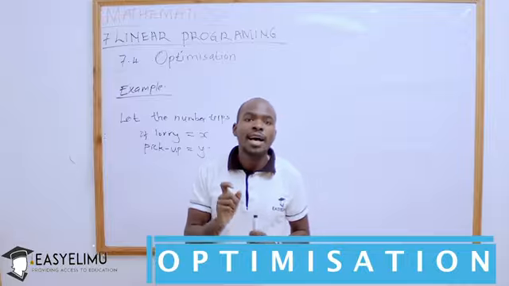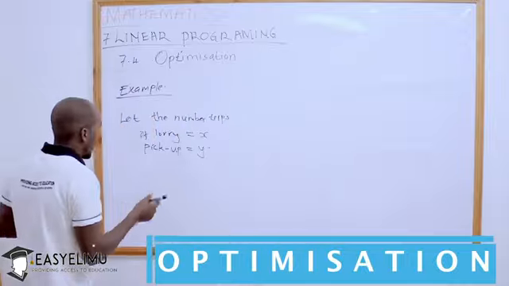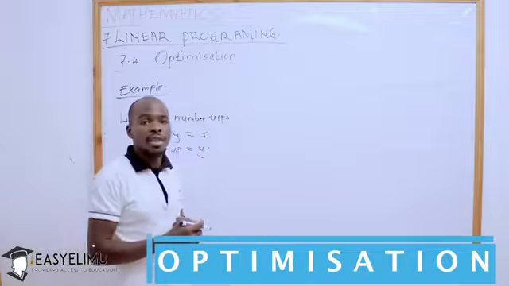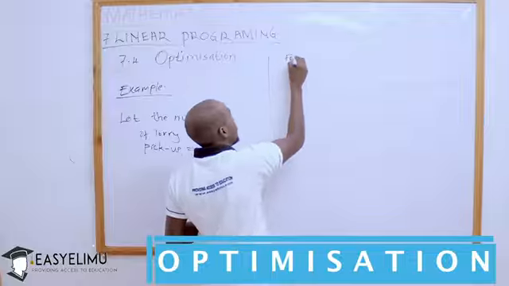After sorting that, we have also been informed in the question that the pickup has to make twice as many trips as the lorry. So if the pickup has to make twice as many trips as the lorry, then we can form some inequalities here.